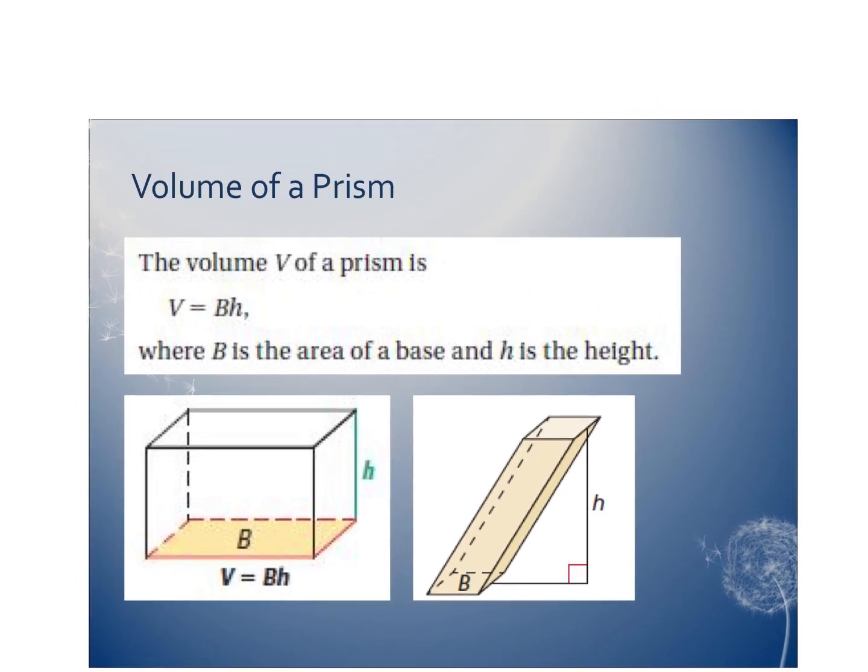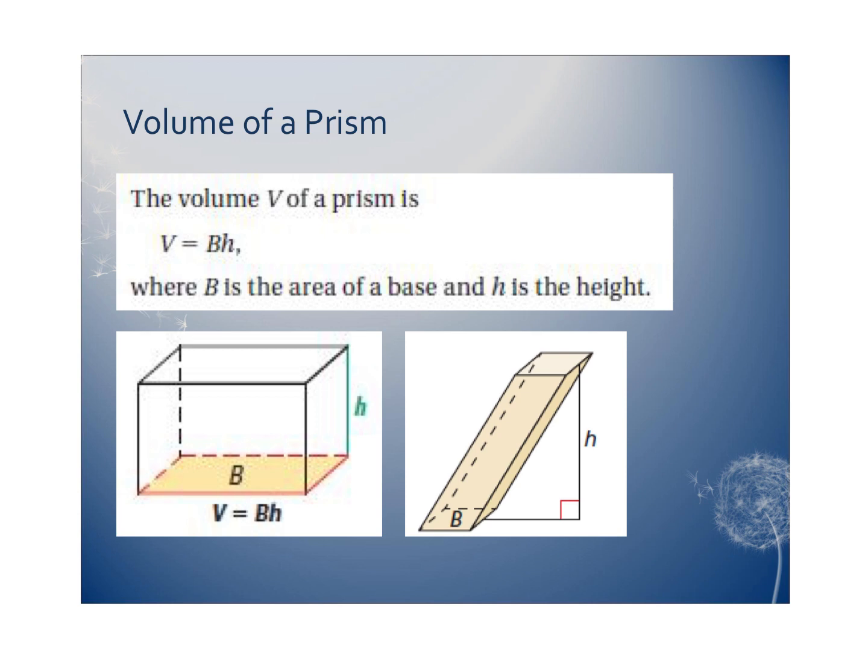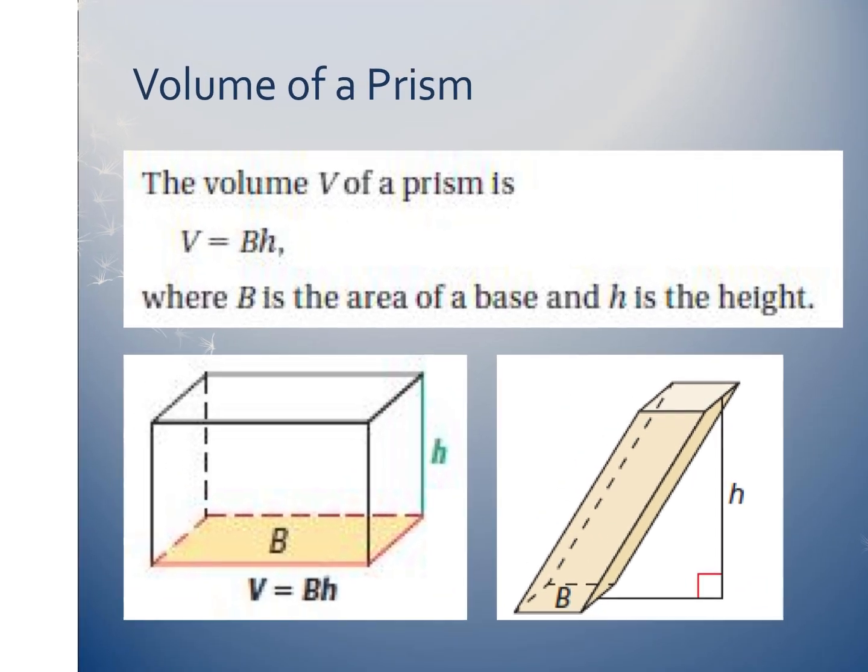The volume of a prism, okay? We find the volume of a prism by using the formula capital B times H. This capital B, guys, is going to stand for the area of your base. And this H, you guys can probably already guess what that stands for.